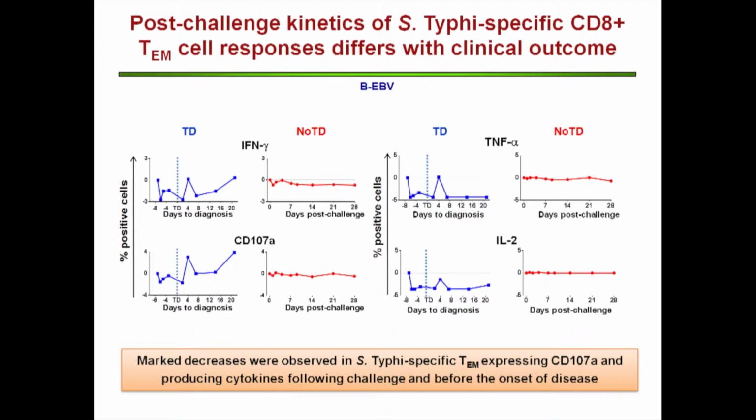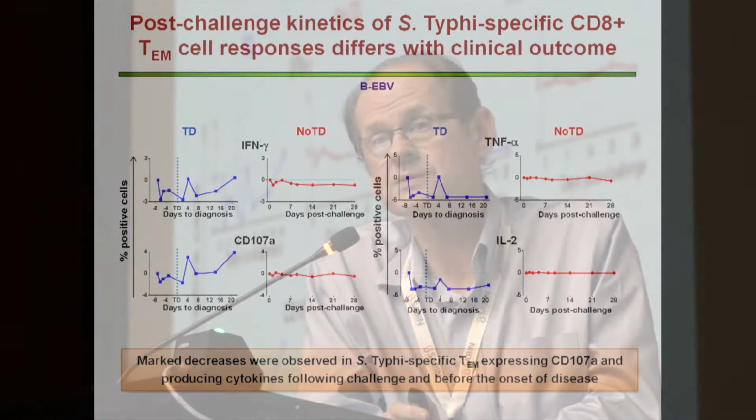If you look at the TD, that's the blue lines on the left and the right, for interferon gamma and TNF, what you see is that after challenge, there is a marked decrease in the cells that are responsive in the periphery, probably because they are homing to the gut or to an extraintestinal site, which we demonstrated by also having integrin alpha-4 beta-7 in the panel. But what is even more interesting is that the no typhoid disease volunteers were flat. There was no variation in the rate in circulation.